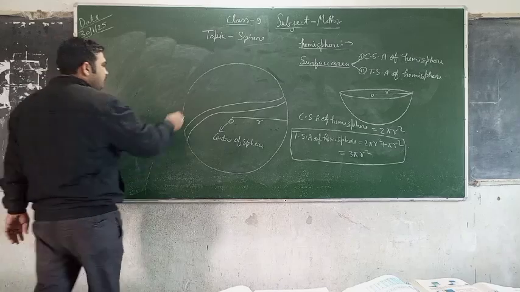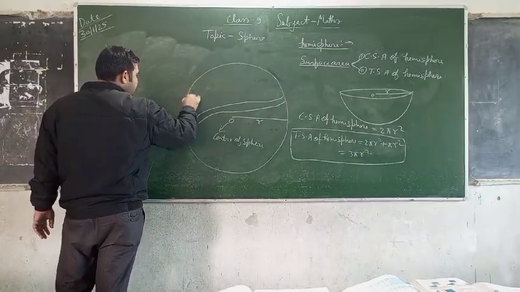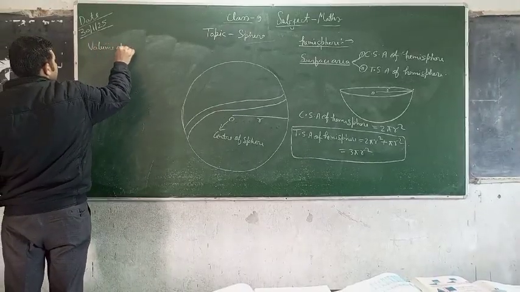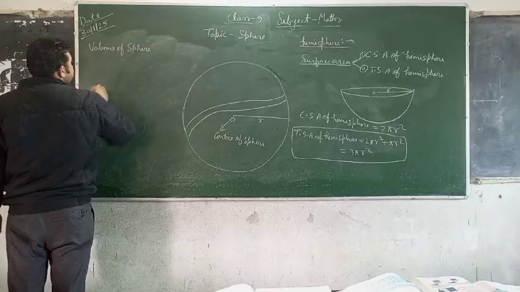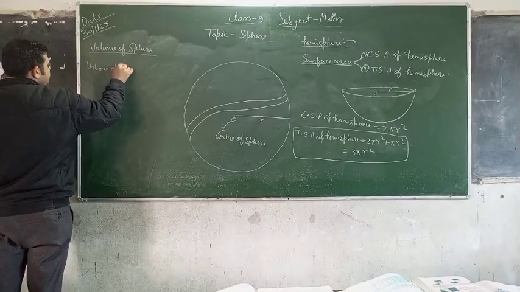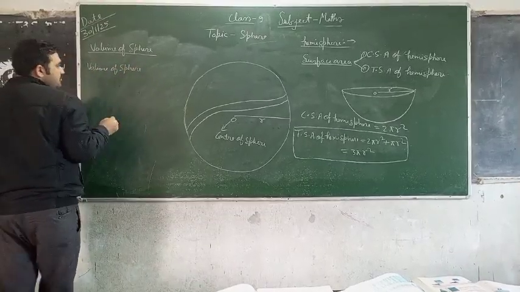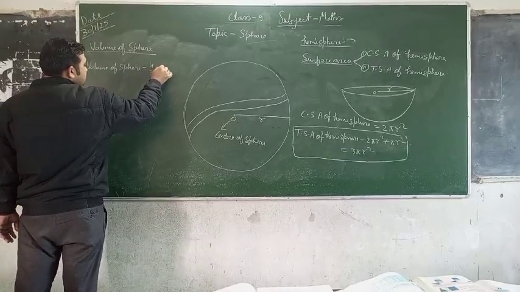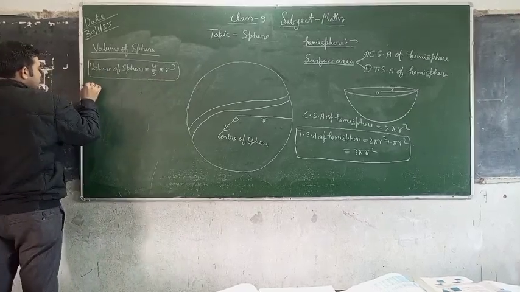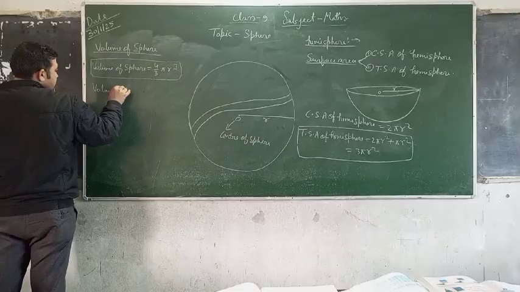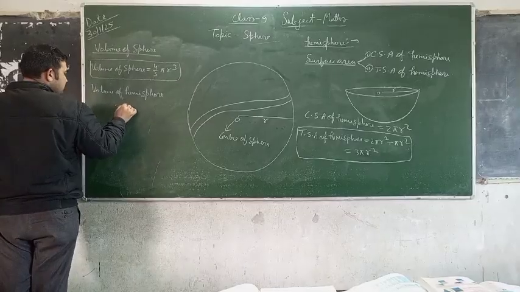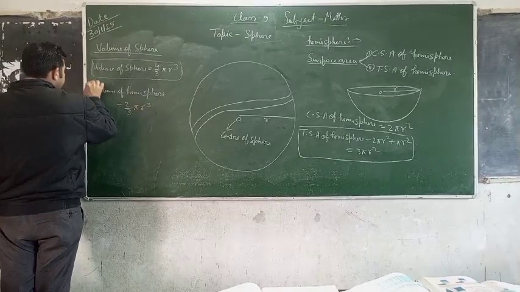Now again, volume of a sphere, that is 4 by 3 pi r cube, and volume of hemisphere, that is 2 by 3 pi r cube.